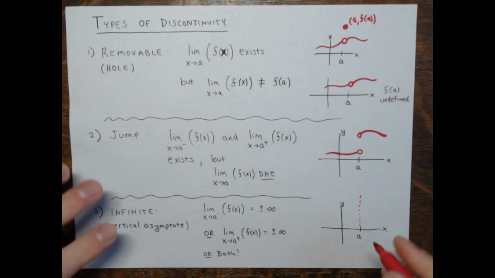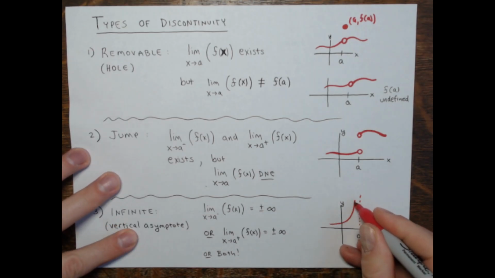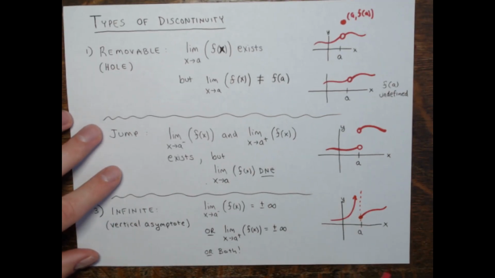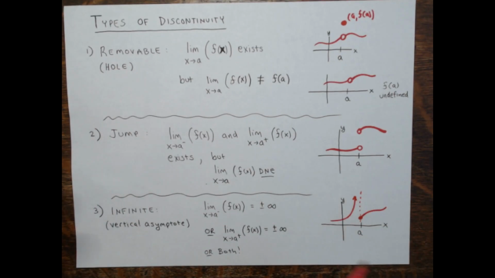So say from the left, the graph's going to positive infinity, going up forever. Now it could approach an actual point to the right. Maybe there's f of a right there. But as long as at least one of the sides of a, the graph is going to some kind of infinity, going up forever or down forever, you definitely have a discontinuity, and they'll call it infinite.